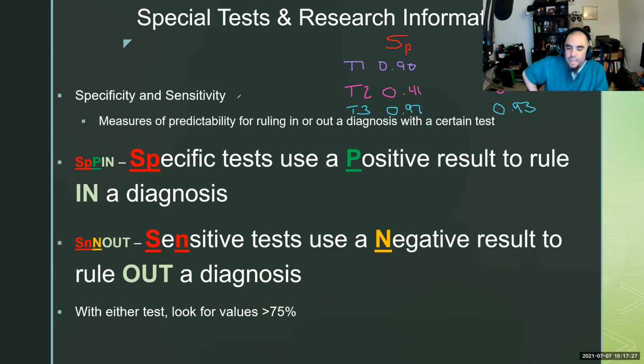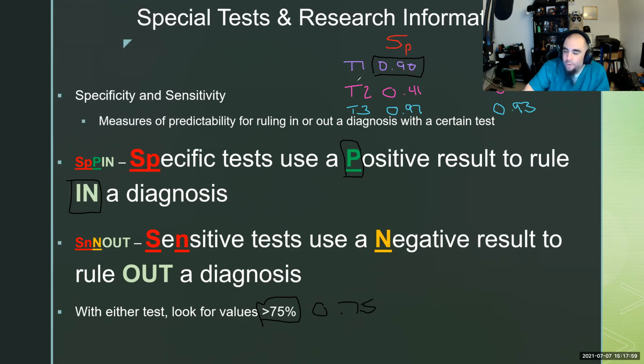So if I use test 1 on John and I get a positive result, because the specificity is high, 0.9 is a very high specificity. We ideally want above 75%, or above a 0.75. Because that test is specific, if I get a positive result, I can likely say John has whatever condition I have.